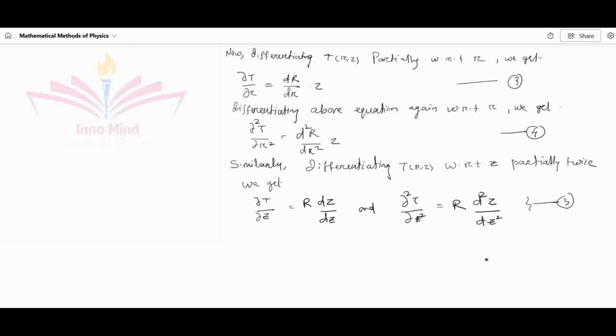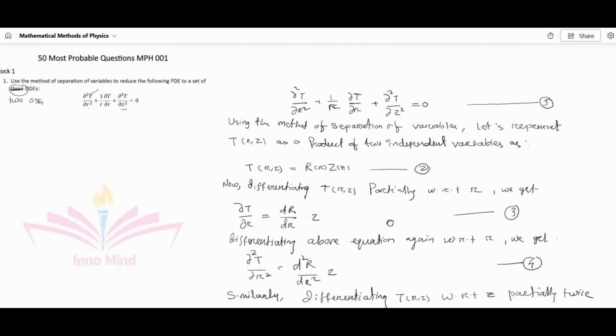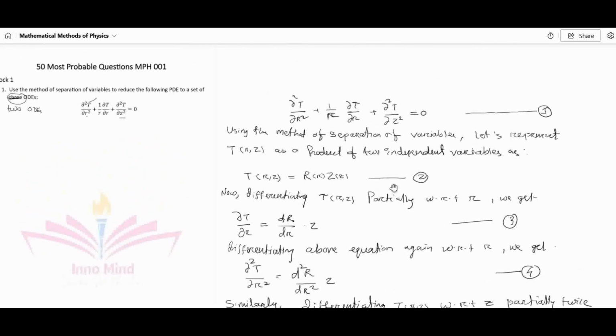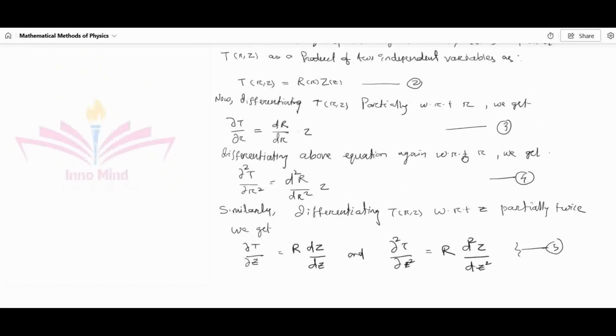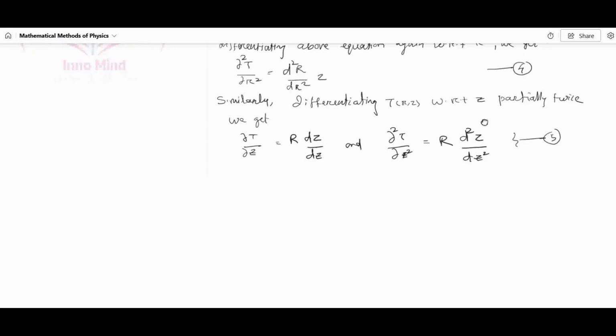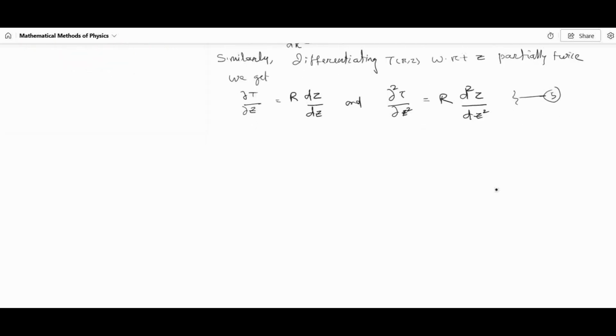Now using equation number 3, 4 and 5 in equation number 1, what will you get?